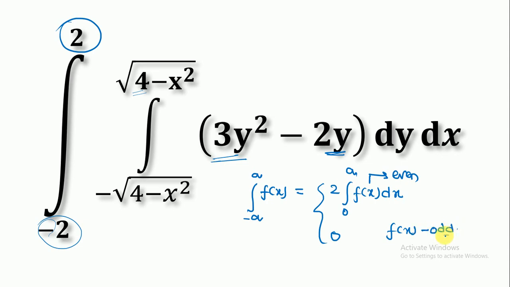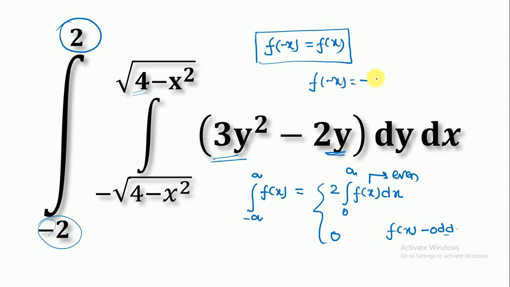And how do we decide whether a function is even or odd? For an even function, f of minus x is equal to f of x, which is symmetric about the y-axis. For an odd function, f of minus x will be equal to minus f of x, which is symmetric in the opposite quadrant.